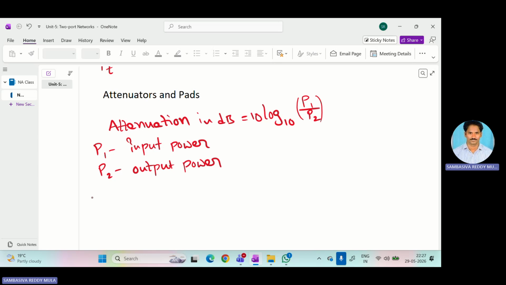Sometimes we know only the input voltage and output voltage, and sometimes only the input current and output current.